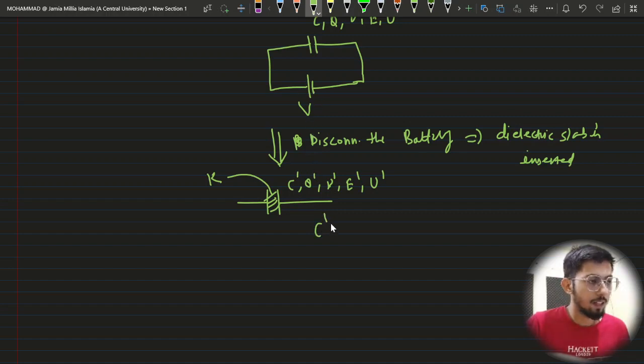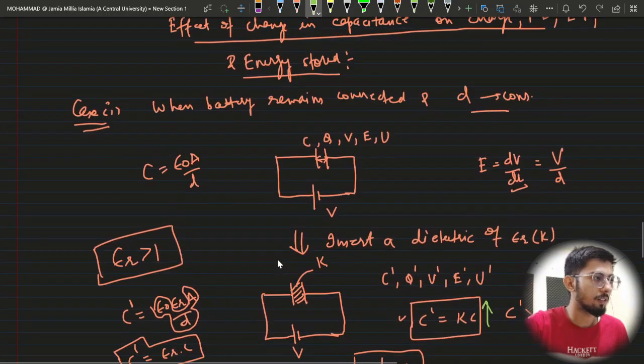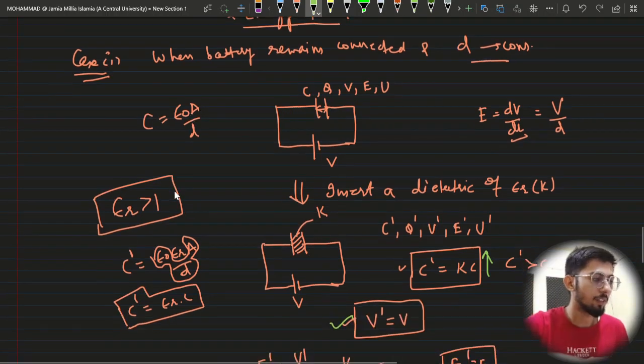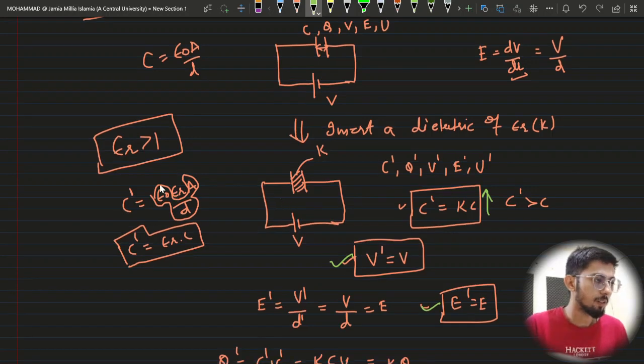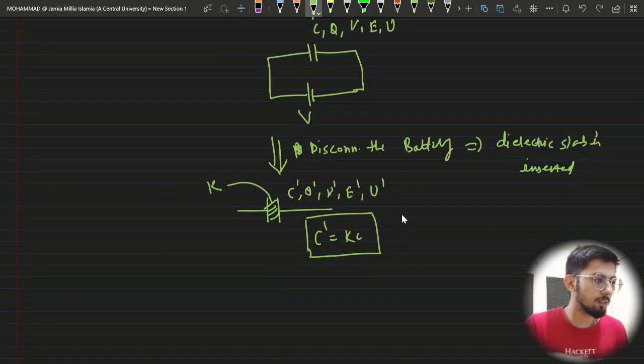So C dash will be KC, because it invokes the same relation, epsilon naught A upon D. When C dash is there, this will be epsilon naught K A upon D. We take this common and replace it with C, and we get K times C. It has nothing to do with the battery, the capacitance.